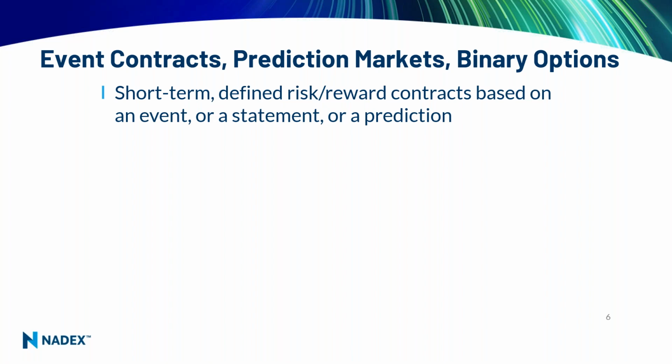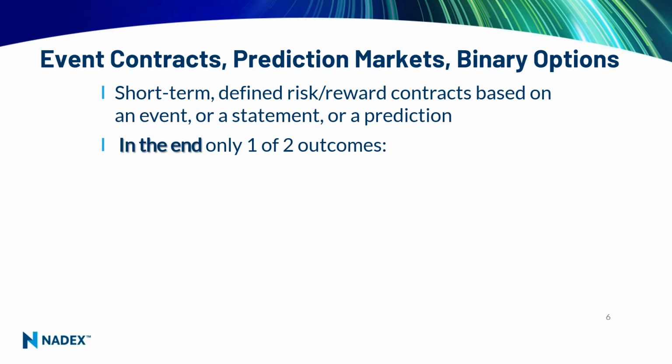And a binary option, an event contract, a prediction market, they're all based on something. There's a statement, a prediction, an occurrence, an event, whatever it is. And each one of these, a binary option has three components. A prediction market does too, so does an event contract. But in the end, the reason they're called binary options is only one of two outcomes can occur.